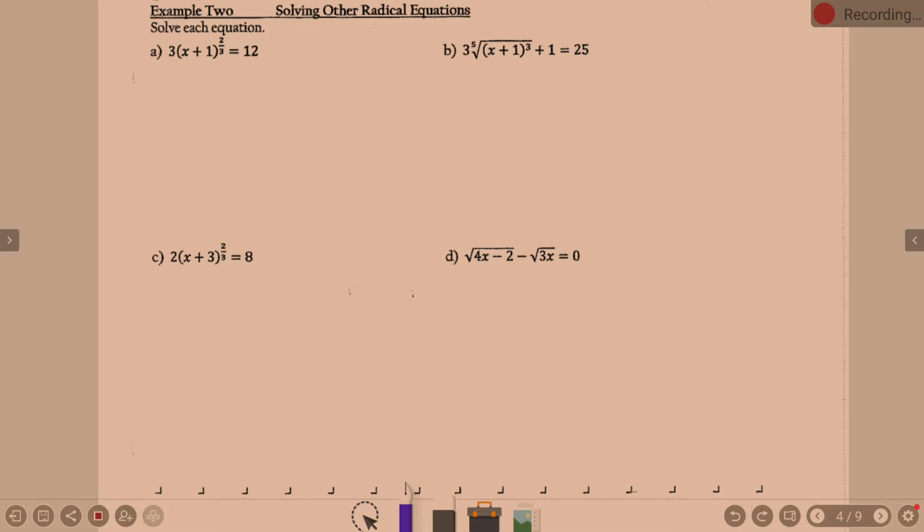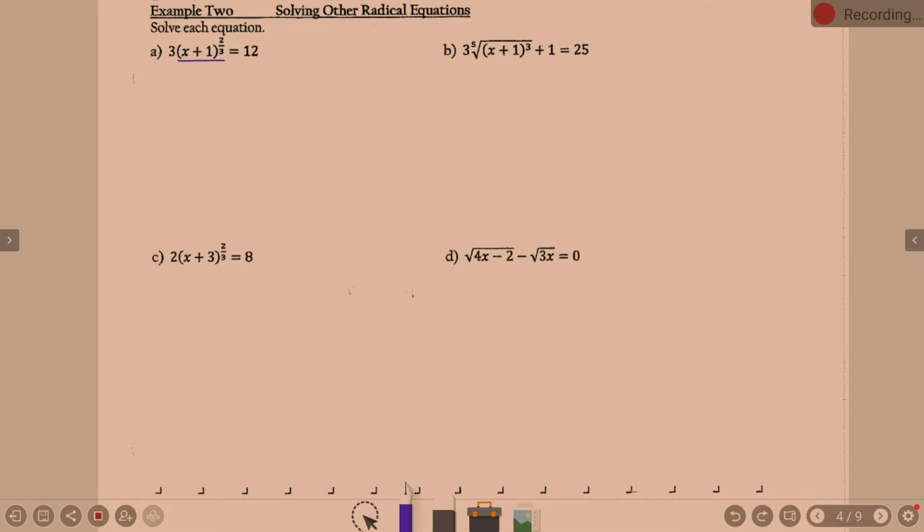This time I'm going to say, can we isolate the parentheses that have the power? In other words, can I get x plus 1 to the 2/3, the parenthesis raised to the power, to be the only thing on the left side? Yes. What needs to move away from that parentheses raised to a power? The 3. How do I move that 3 away?